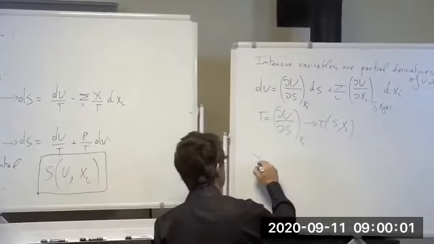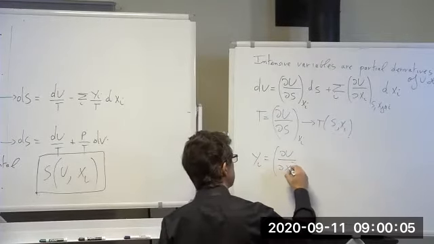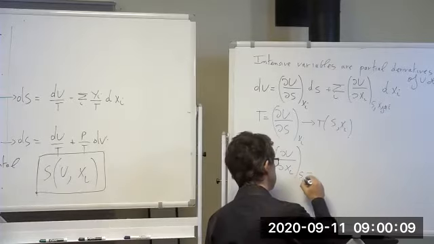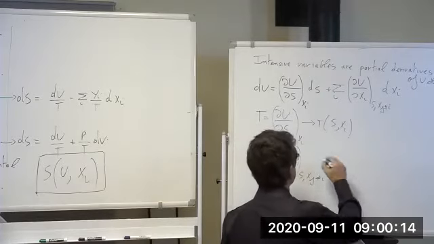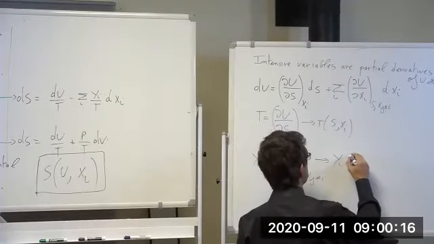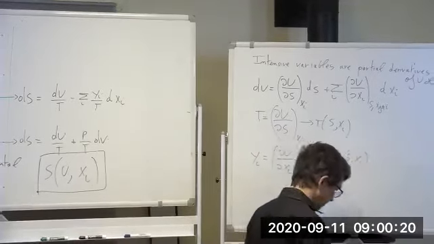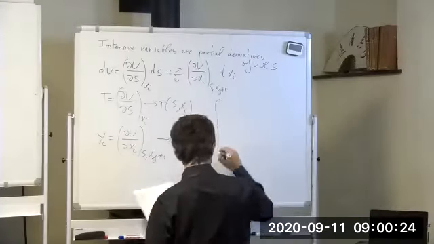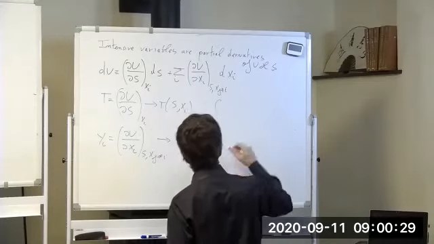And the same for the other intensive variables. Yi is dU/dXi at constant S and the Xj that are not equal to i, and that would lead to Yi as a function of S and Xi. Okay. These, drum roll, are called the equations of state.